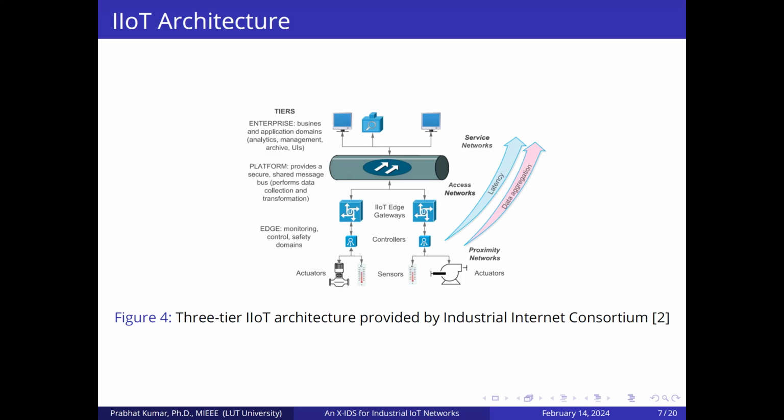Even then, within a particular boundary, you can use this three-tier architecture, because ultimately there will be platforms which take the data from the edge devices and perform certain computation.